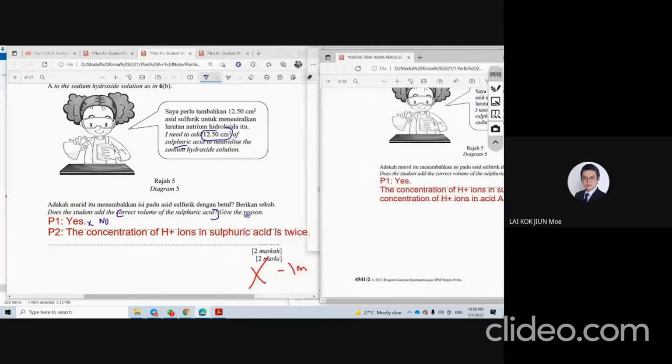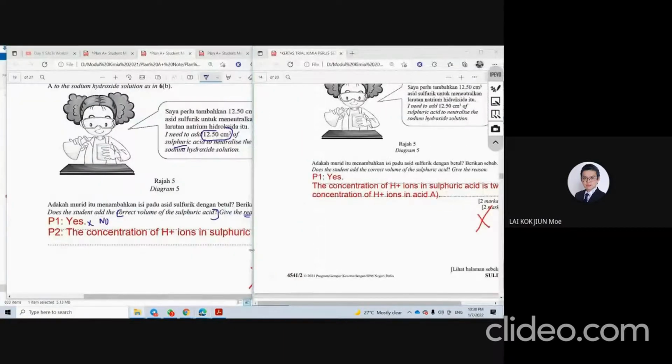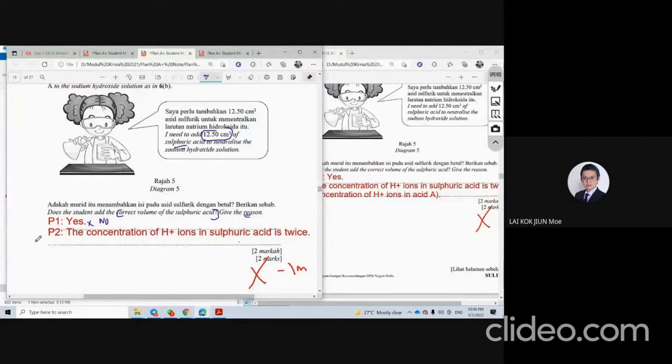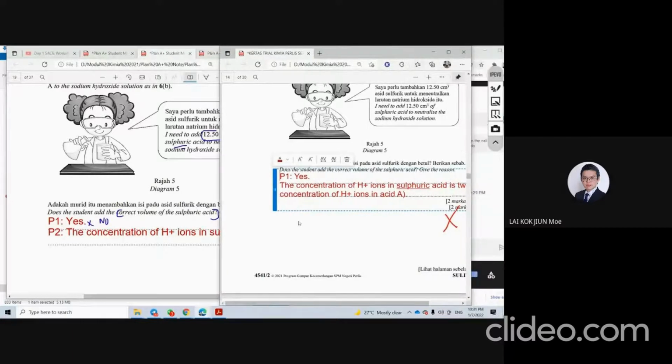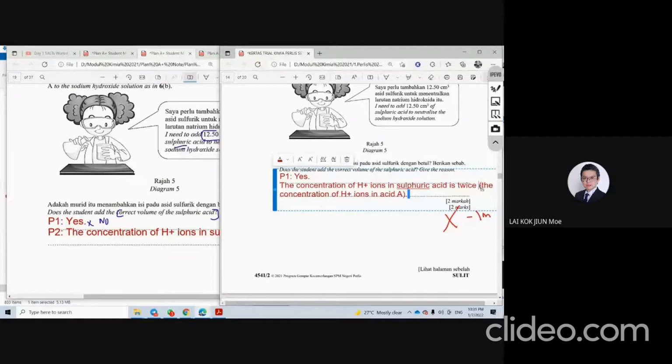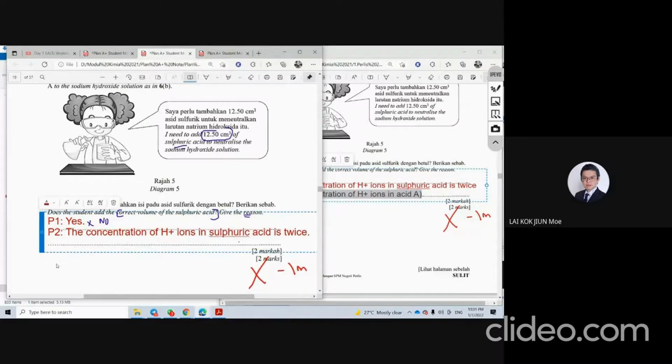Also, you cannot just simply like this. You have to do comparison twice, and then you have to add comparison here. You have to do comparison. The concentration here compared with the acid A. You must have the word here.